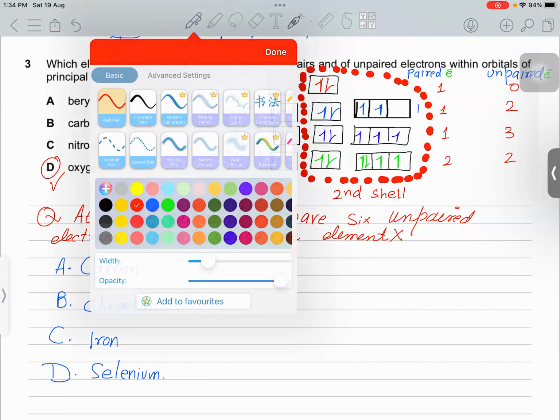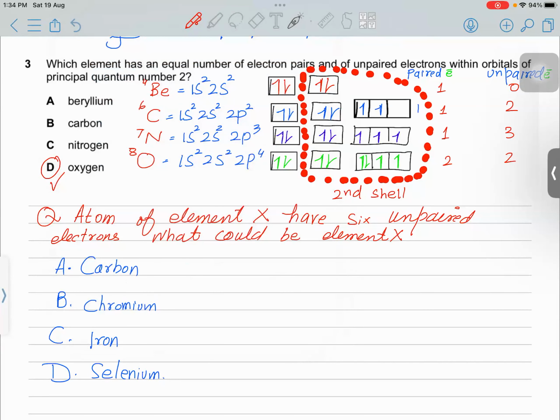In the question, the examiner asked to find the element which has six unpaired electrons.